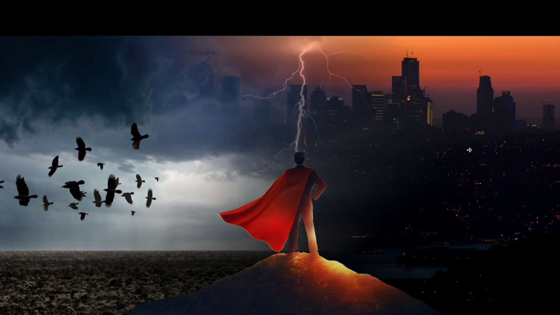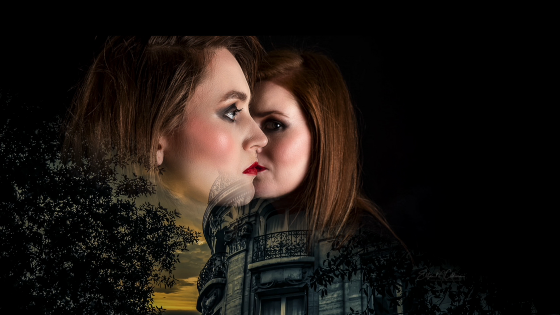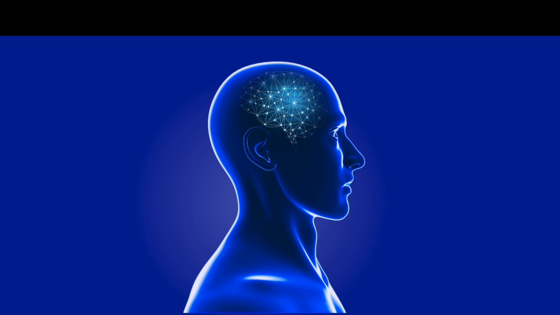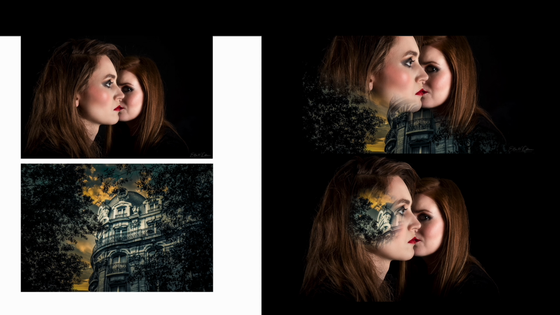So you can see here, this is the first design, the second one, third. By using these three images, I was able to generate this output with the help of this app. And then you can see I used these two images to generate these two different variations of the creatives.